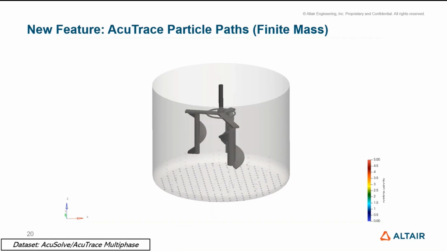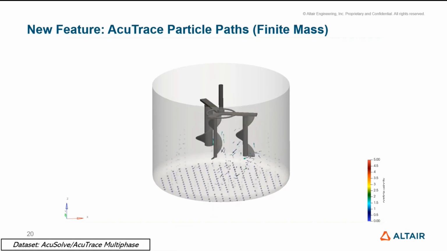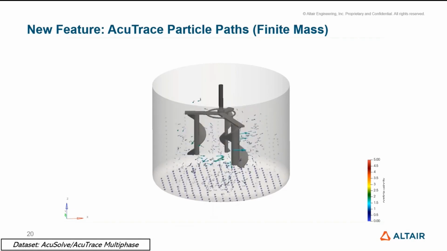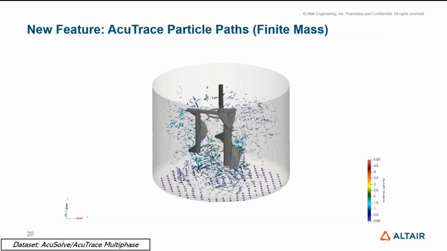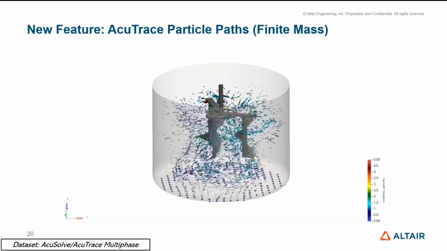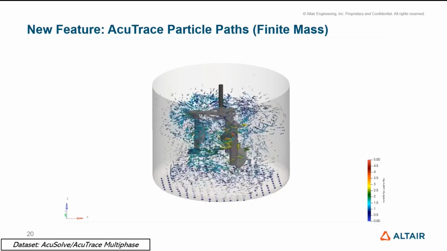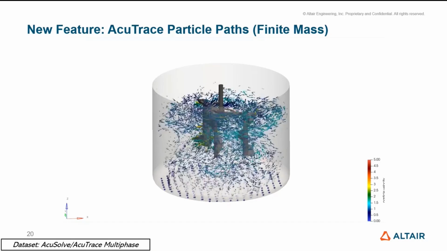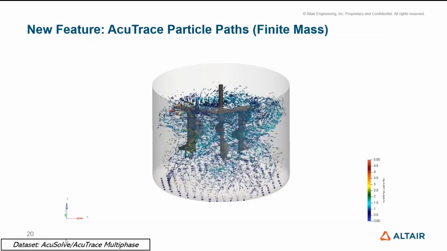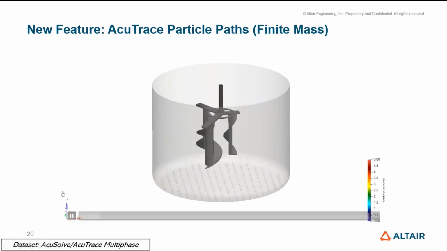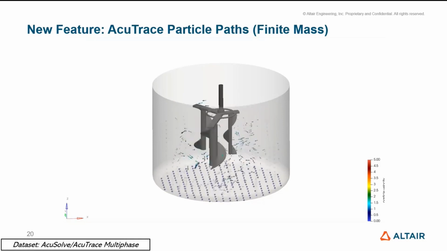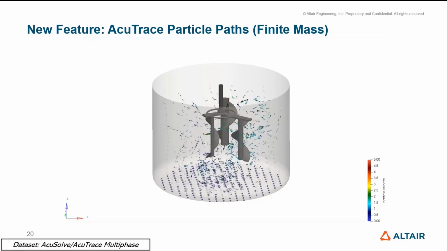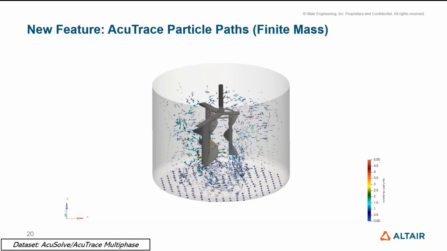So we can also plot other information on those particles. And one of the nice things in Post that we have not had in other tools is the ability to plot the vectors on those seed points. So in this case, we have AccuTrace data set along with an AccuSolve solution where we have a multi-phase flow rotating within this tank. We pick up particles from the bottom of the tank due to, I guess, the rotation of the fluid velocity here.